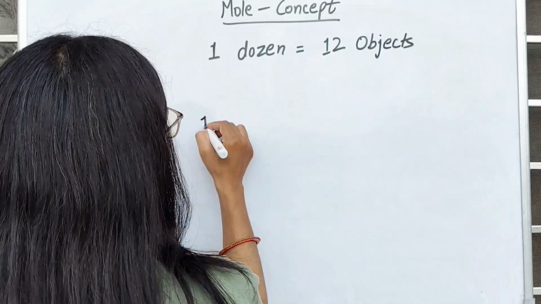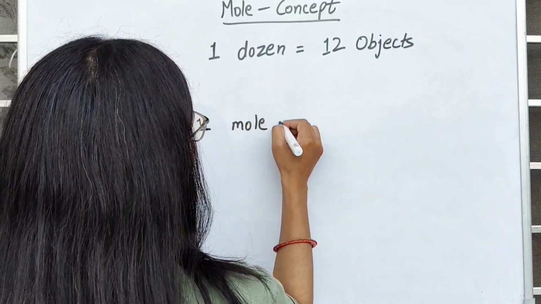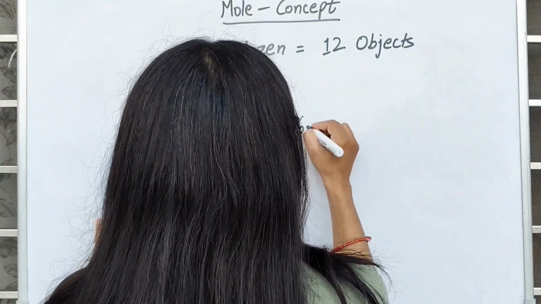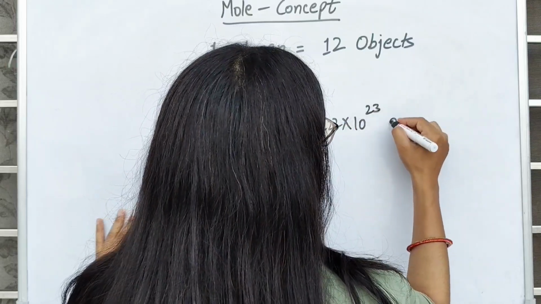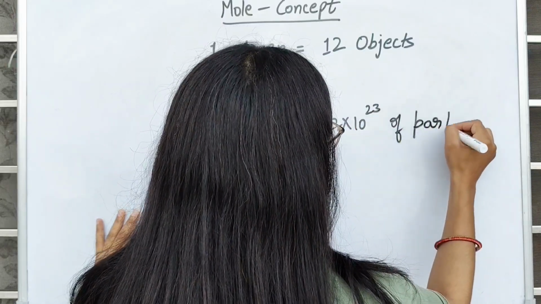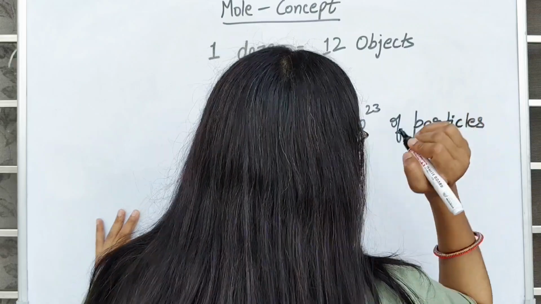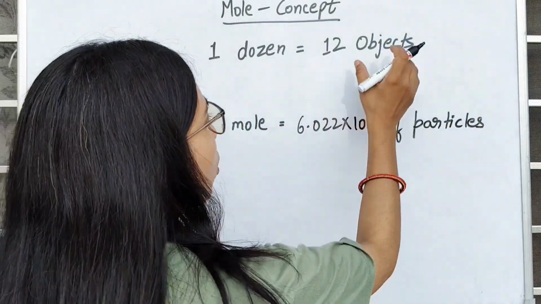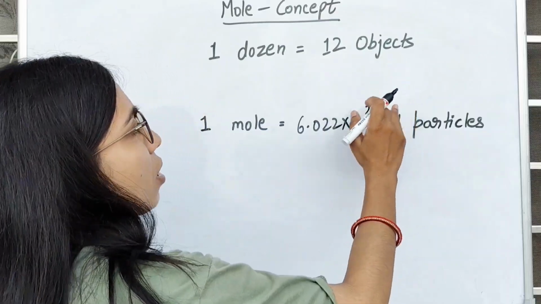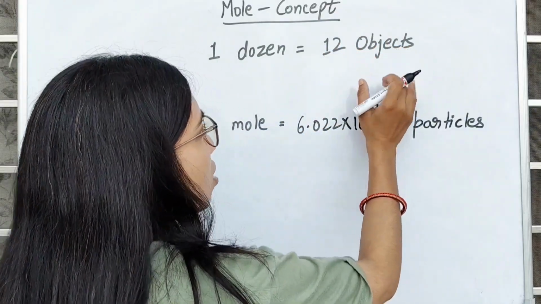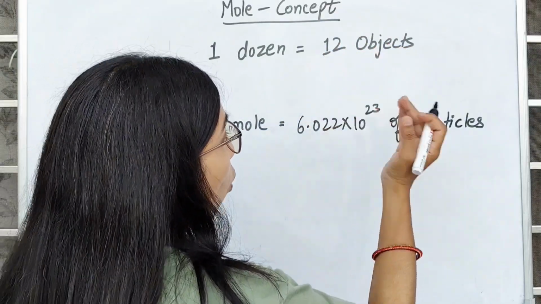In the same manner, 1 mole is equal to this number of particles. Now, if I talk about objects, you can put any objects here, such as bananas, oranges, or balls.